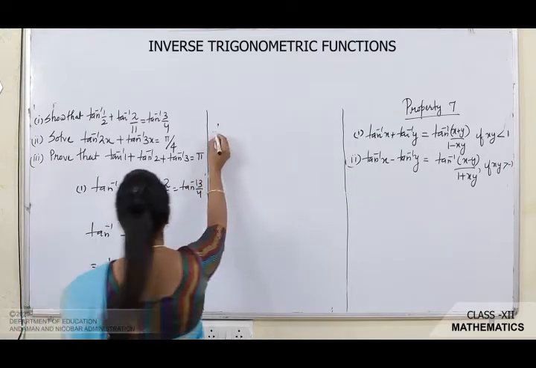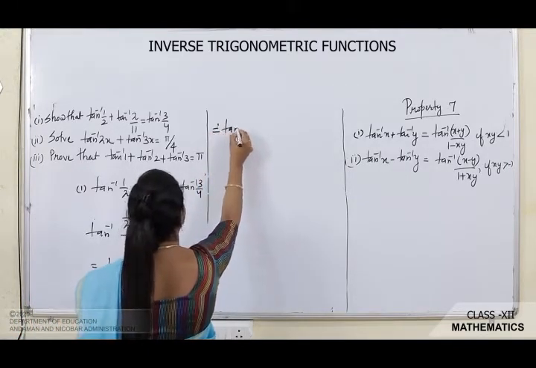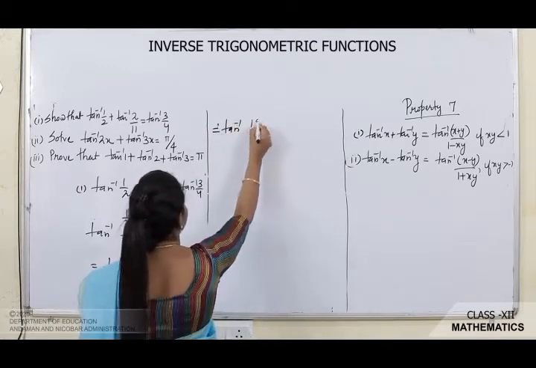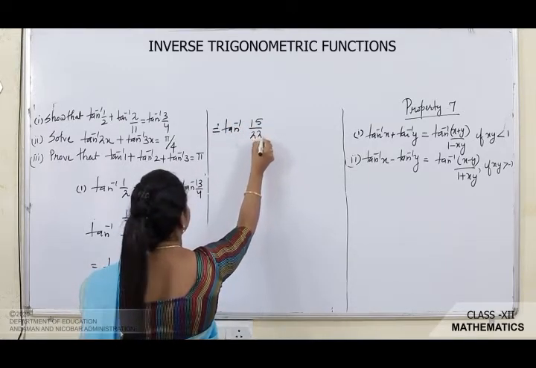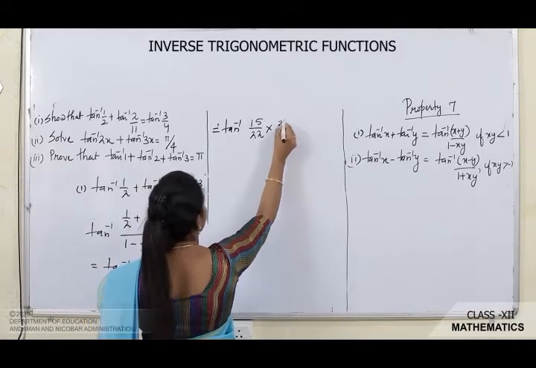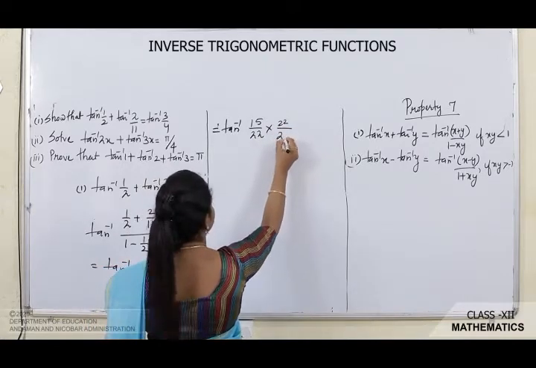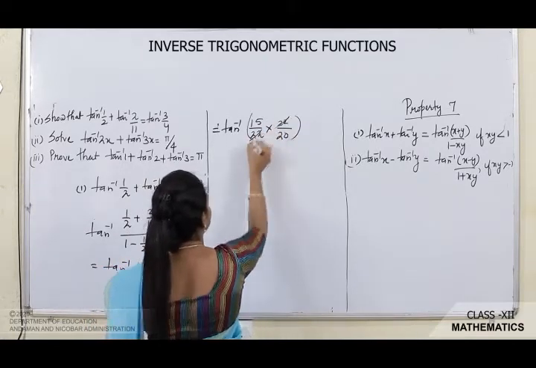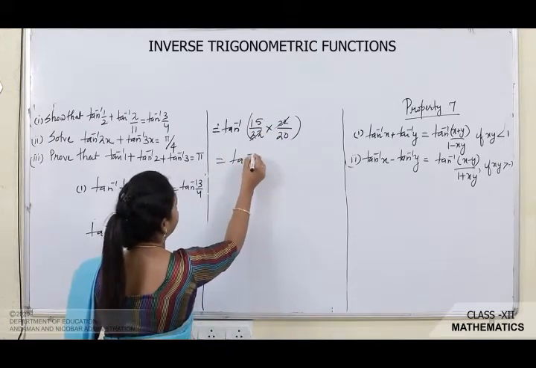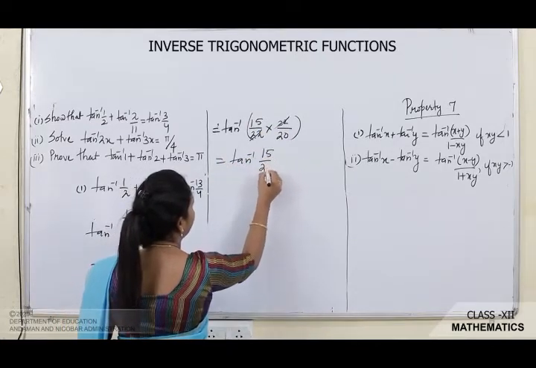So when you solve you are going to get tan inverse of 15 by 22 into 22 by (22 minus 2 is 20). So here it gets cancelled out. And you are going to get tan inverse 15 by 20.